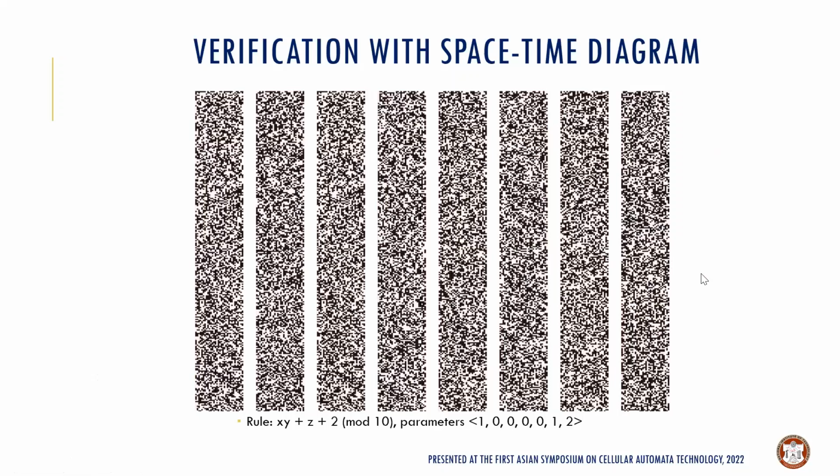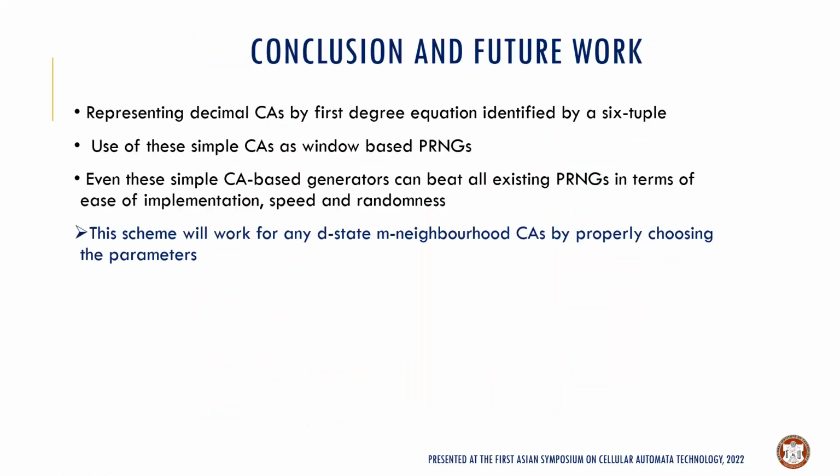So finally, we conclude that we have identified a simplified form of representing CAs, but obviously not all CAs can be represented by this form.